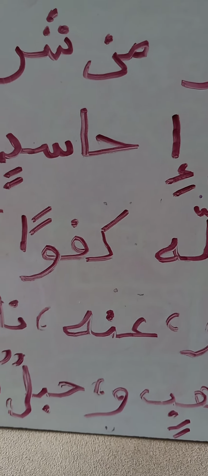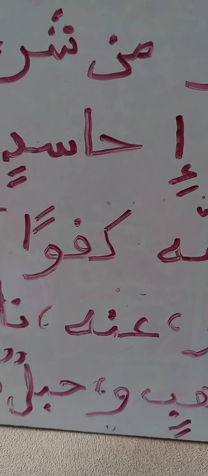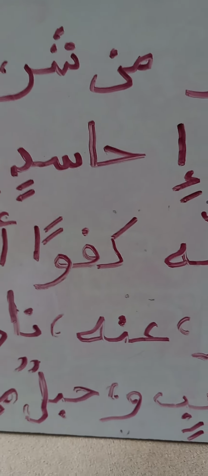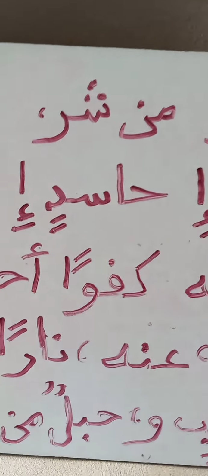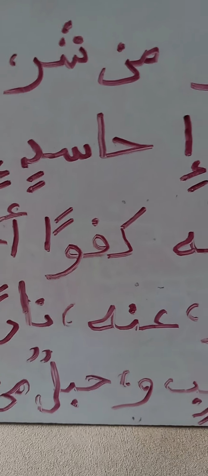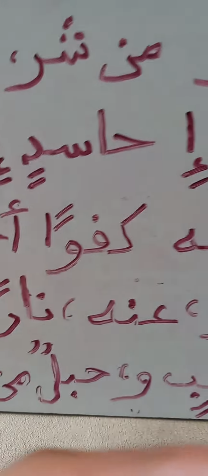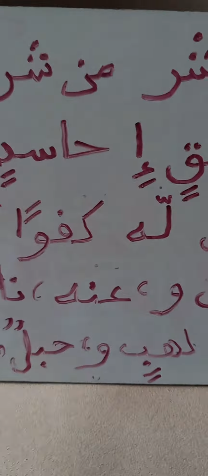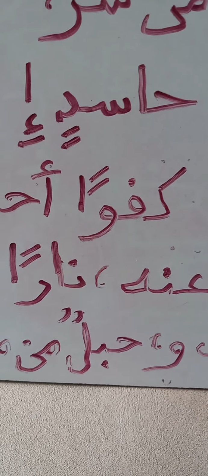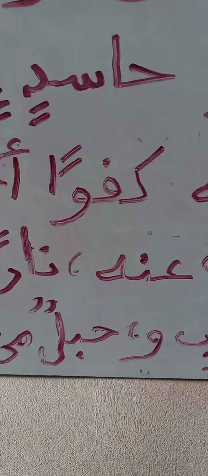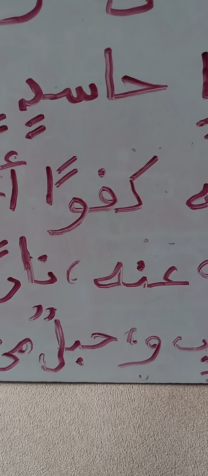Then the next example, anhu. Do you have a noon sakin or do you have a tanween? Noon sakin. Okay? What letter came after the noon sakin? Ha. Ha belongs to what category? To the idhar. Idhar. Okay? You have to say these categories correctly. And when you get the question, what is the rule of this noon sakin? What is the rule of this tanween?